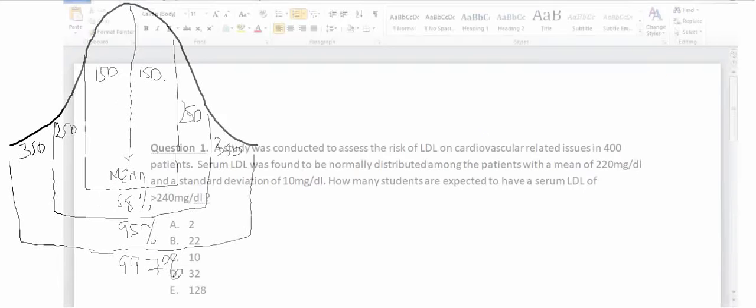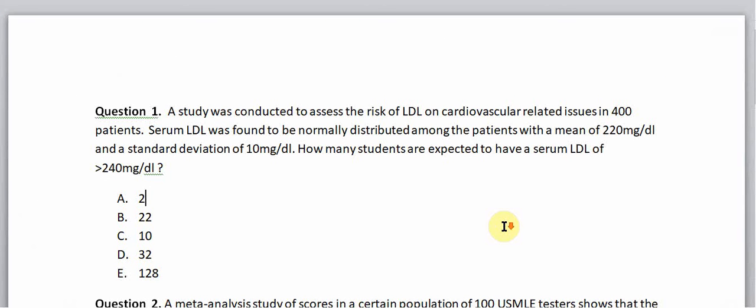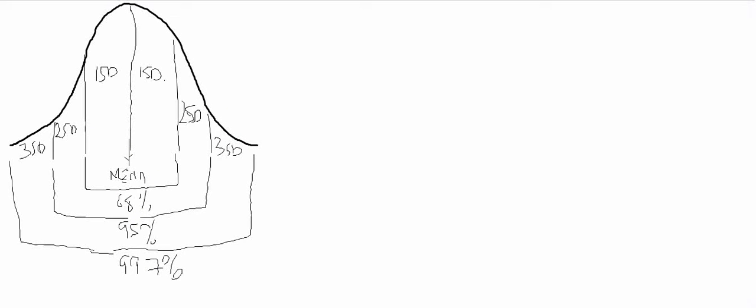Our question there was this. They've given us the mean. Obviously we have the number of patients here, 400. The mean is 220, and the standard deviation is 10.